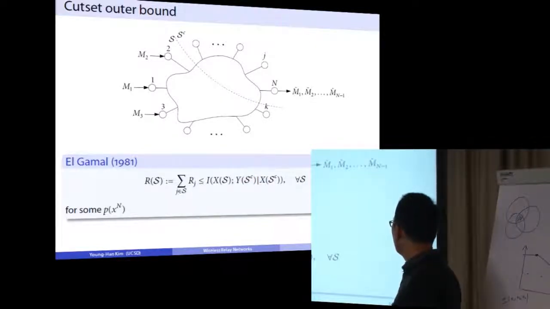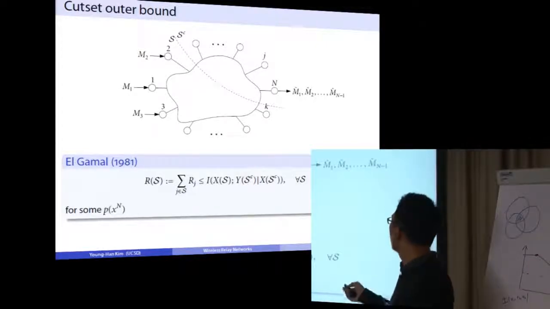So here we define a cut of the network as a partition of nodes S and S complement, okay, right? And we define the rate for the cut as all the rates of nodes on the S side going to the S complement side.